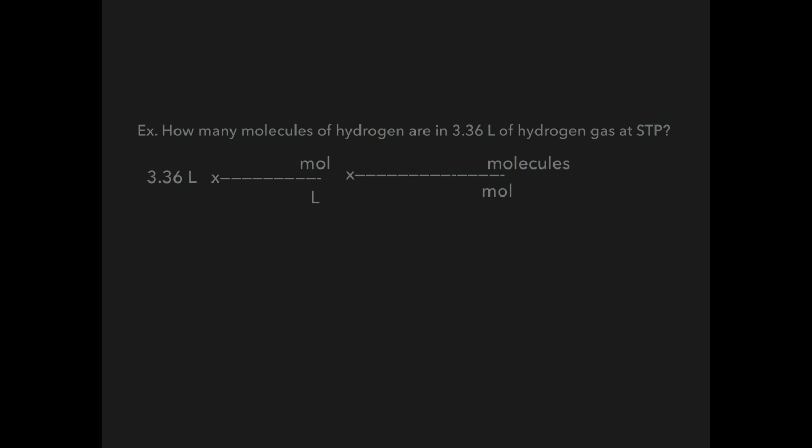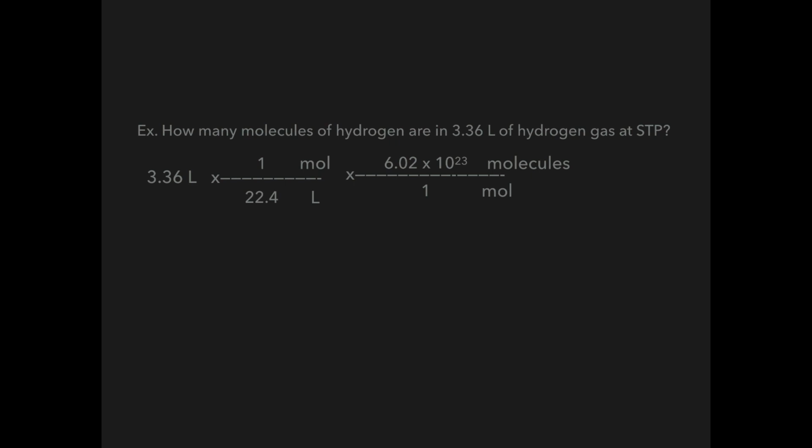Now I know the relationship between moles and liters because I am at STP. So at STP, because I have a gas, hydrogen is a gas, for every 1 mole I have 22.4 liters. And then I know the relationship between molecules and moles by using Avogadro's number, which is 6.02 times 10 to the 23rd molecules for every 1 mole.